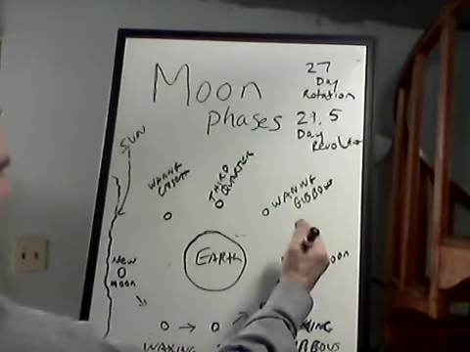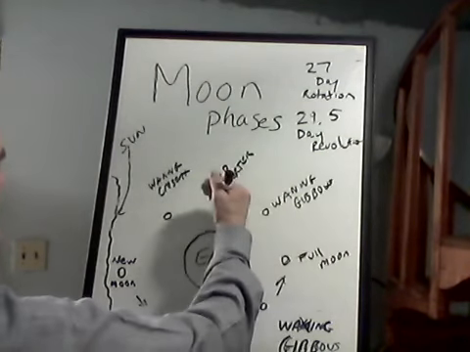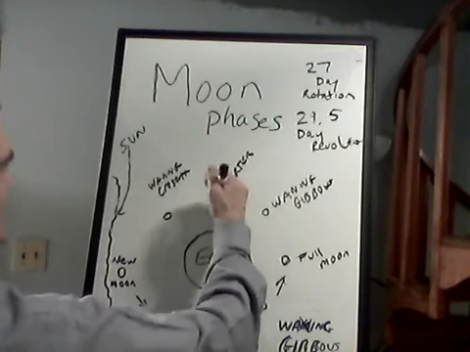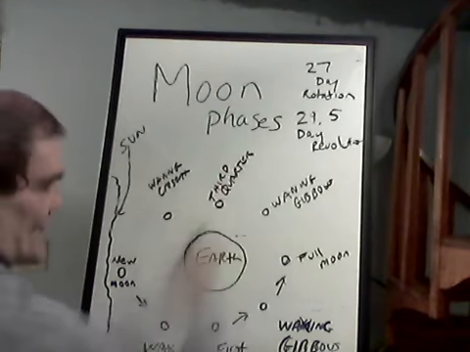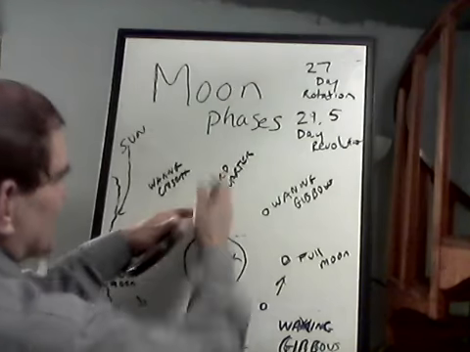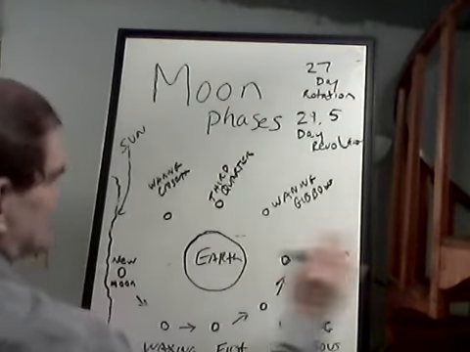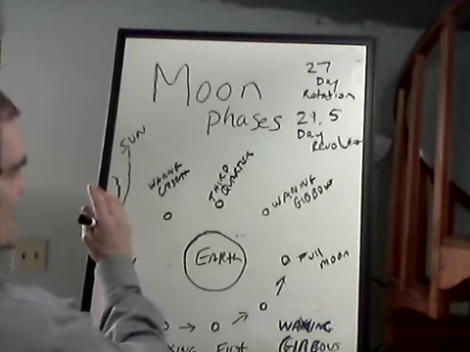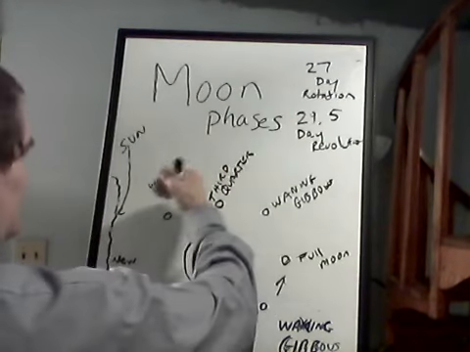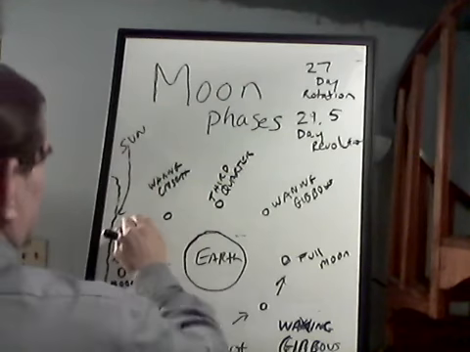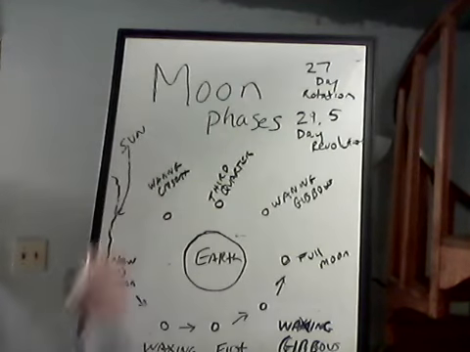The revolution continues. It continues to move. A few more days, it gets to what's called the third quarter. That's again where you find half of the moon is full of light, the other half is dark. And then as it continues to move, you've got the next phase, which is the waning crescent.